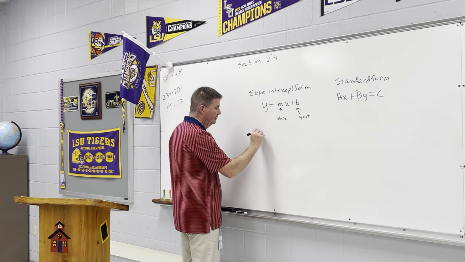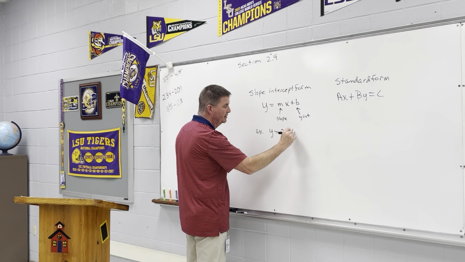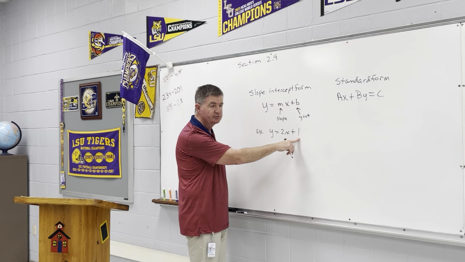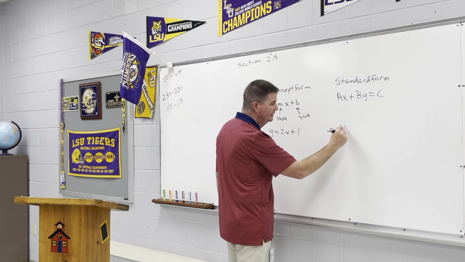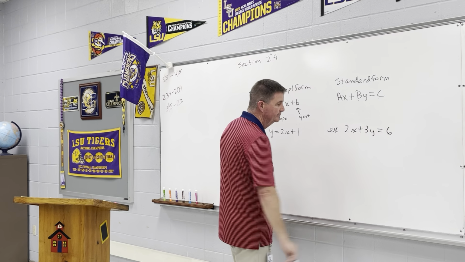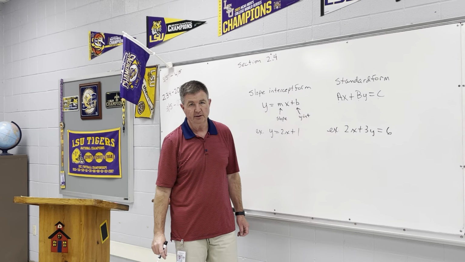An example of the slope-intercept form is y equals 2x plus 1, where our slope is 2 and our y-intercept is 1. An example of the standard form would be 2x plus 3y equals 6, where a, b, and c are nothing more than coefficients.